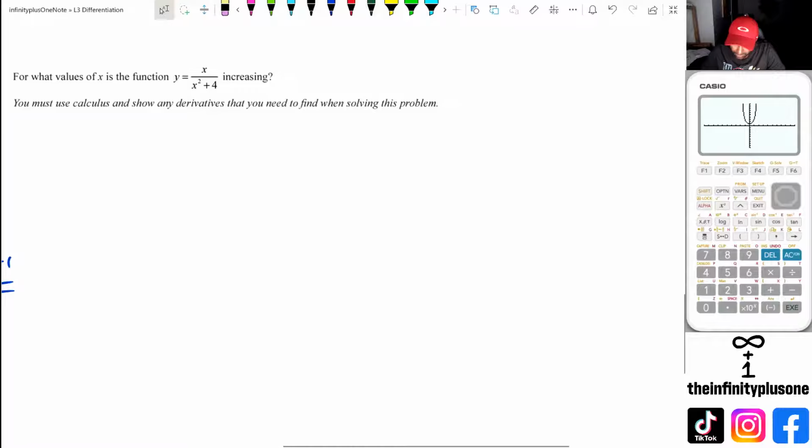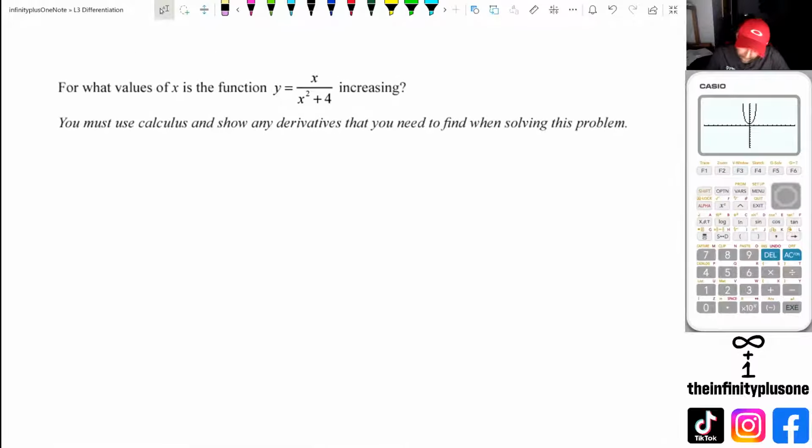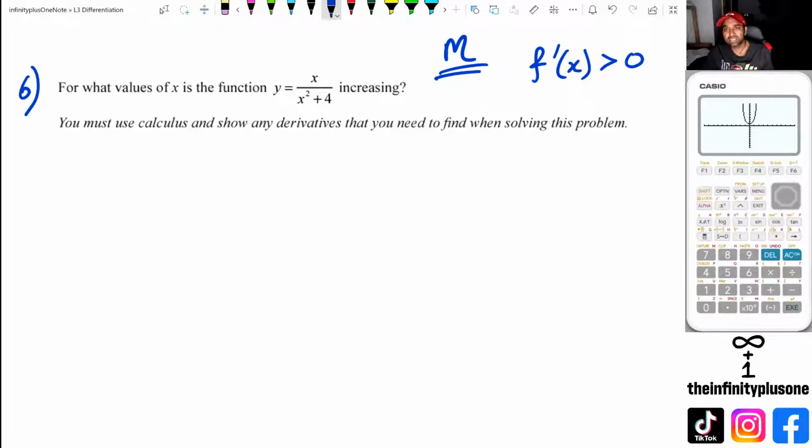All right, so last question of the day today. This is going to be question 6. Let me just readjust it. Give me a second. And again, this is another merit question. Can't remember which year, but give it a go. If you've forgotten, here's a little hint: for anything to be increasing, the gradient has to be greater than 0.